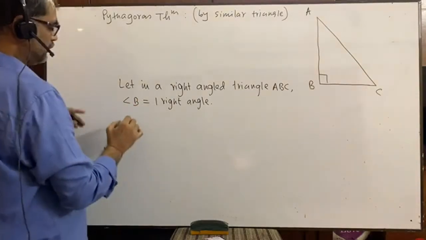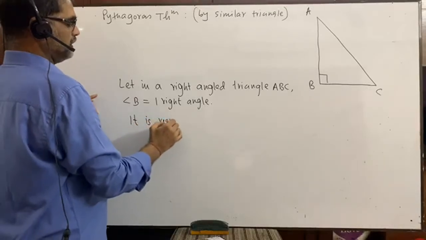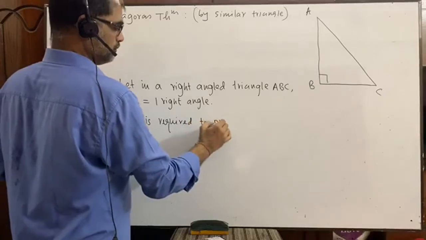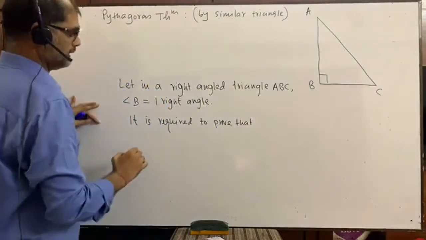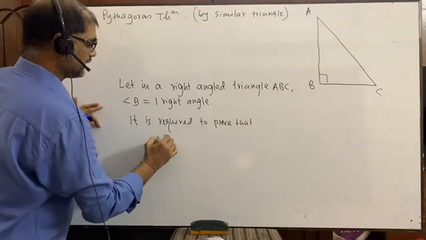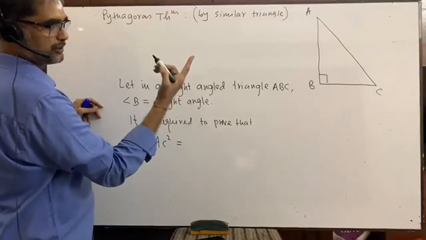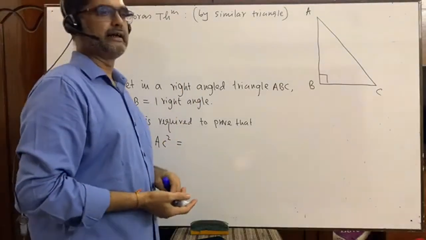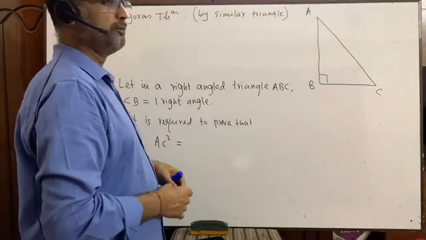It is required to prove that the hypotenuse square is equal to, AC is the hypotenuse. The hypotenuse is the longest side of a right angle triangle, the opposite side of the right angle.